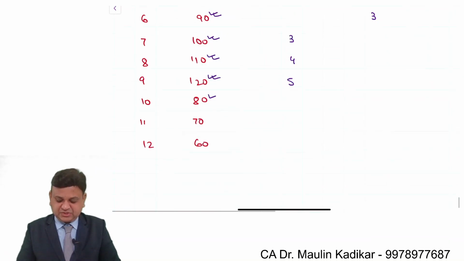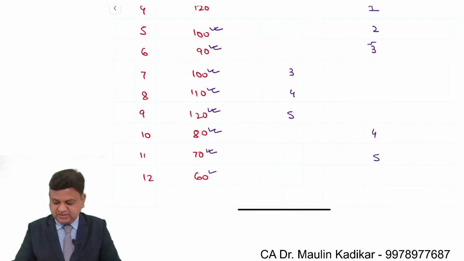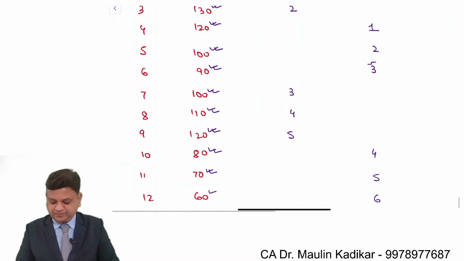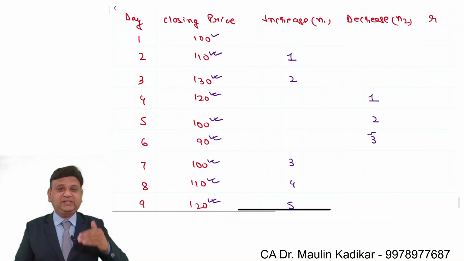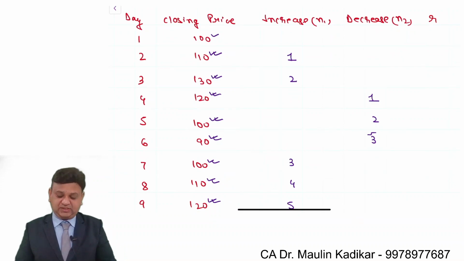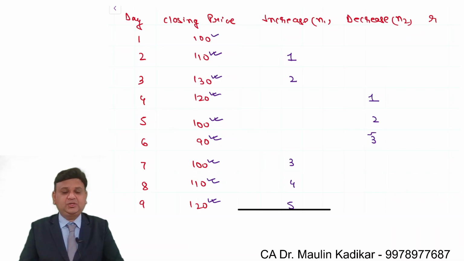This time there is a reduction in the price, so the number of price decreases increases to 4. 70 is less than 80, so this is 5. 60 is less than 70, so it is 6. This is the way we make the computation of the number of price increases and the number of price decreases. Now lastly we will make the calculation of R.